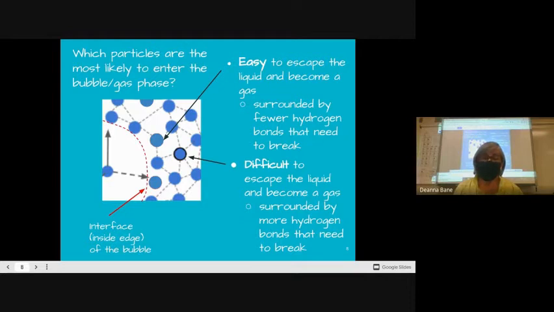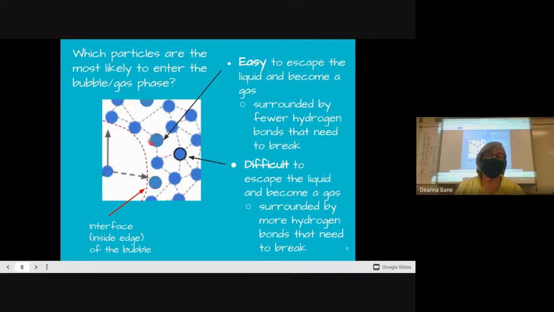What I'd like you to notice here is that the particles at the surface of the bubble, or even at the surface of the pan of water that you're boiling, are only connected to the molecules to the sides and beneath them.